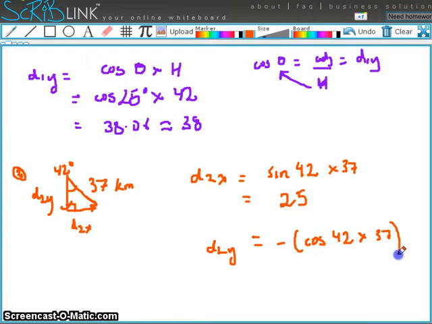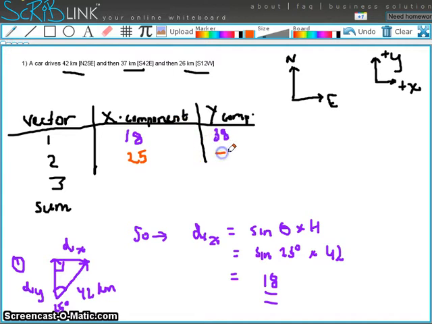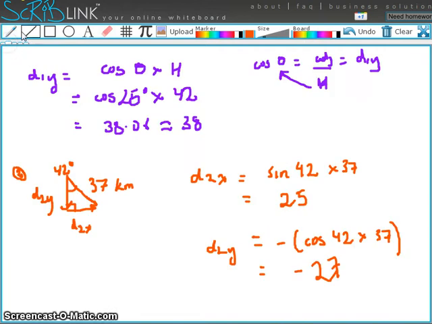Because this is all vector problems, you have to use this to account for your direction. So don't forget to put in the negative sign there. This comes out to be negative 27. Don't forget to put that in your table. So you've got vector number 2 done.